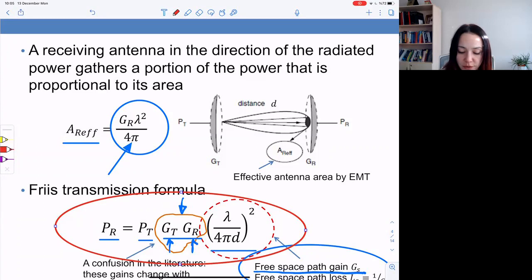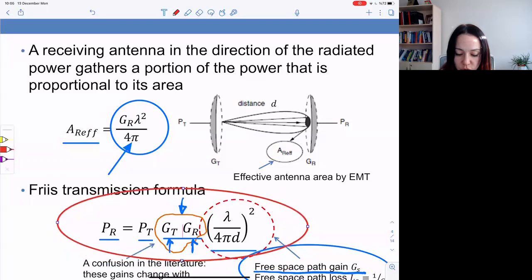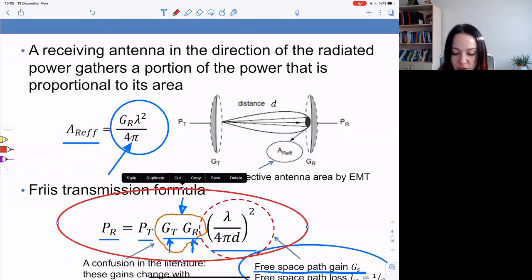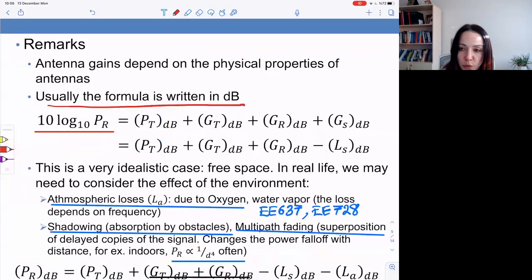Now, if you take the logarithm of this whole thing, and you multiply it by 10, you would get 10 log PR equals 10 log PT plus 10 log GT plus 10 log GR plus 20 log lambda over 4 pi d, right? So basically, the equivalent representation of this formula is PT in dB, GT in dB, GR plus GS.